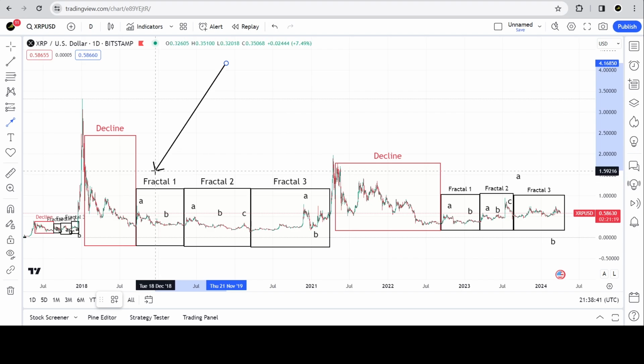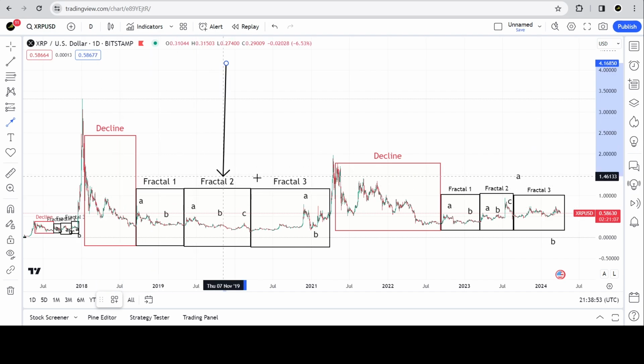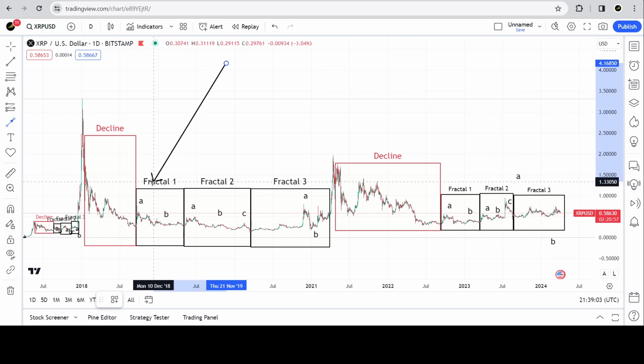For those of you who are new, I'll briefly touch on this because it is central to understanding what is taking place today. So this structure, this bull run, this decline, and this sideways range-bound time has played out many times on the XRP chart. Every single time it repeats, it is a unique iteration of this idea.